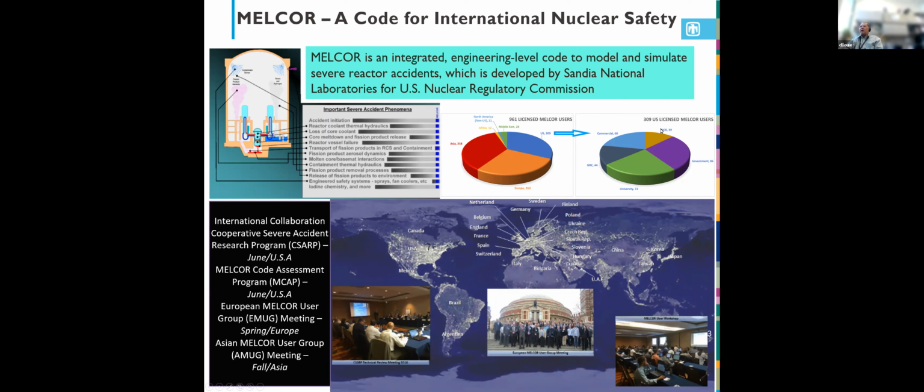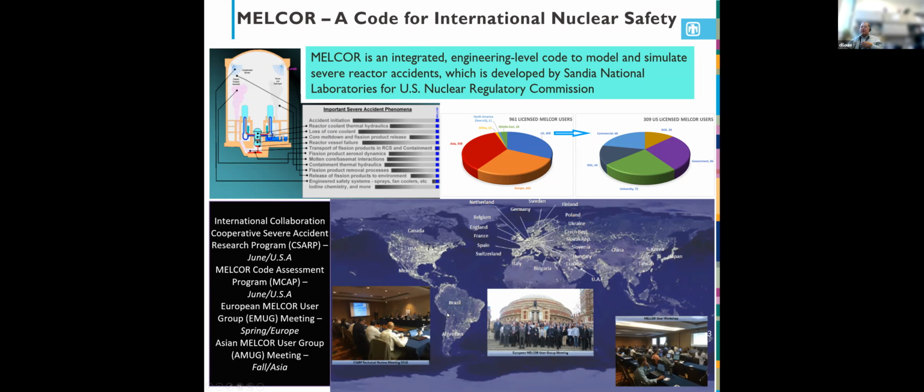In the U.S. itself, we have quite a bit in the commercial sector, and then of course the universities are a major part, and then the government, of course. DOE is about 40 or so, and NRC about 40. DOE is applying it not only for nuclear energy, but also for DOE nuclear facilities, like Sandia National Lab, Los Alamos National Lab, etc.